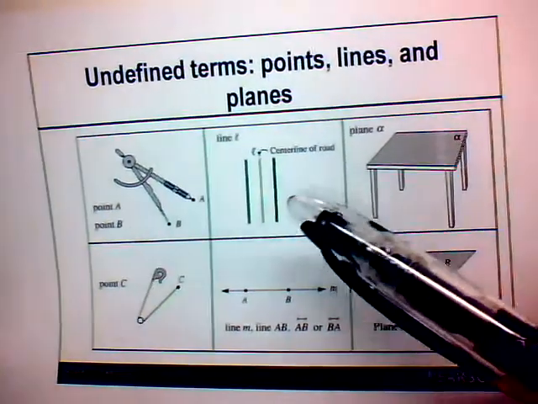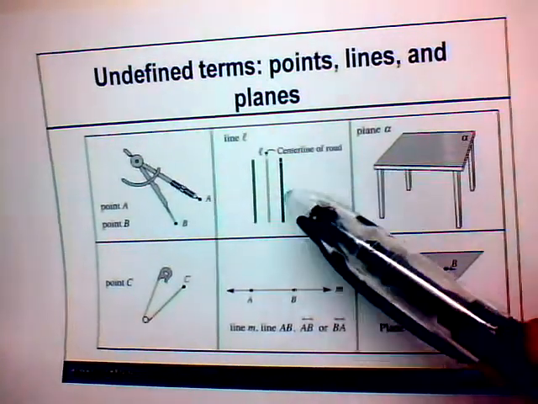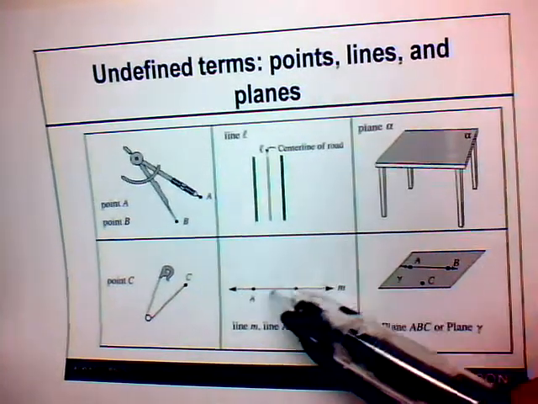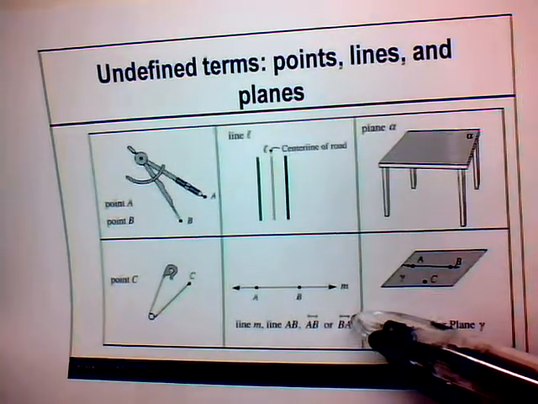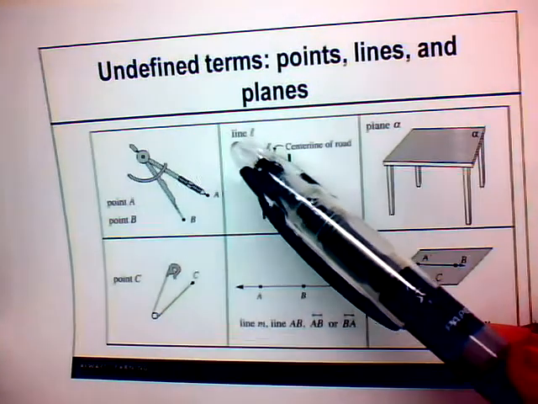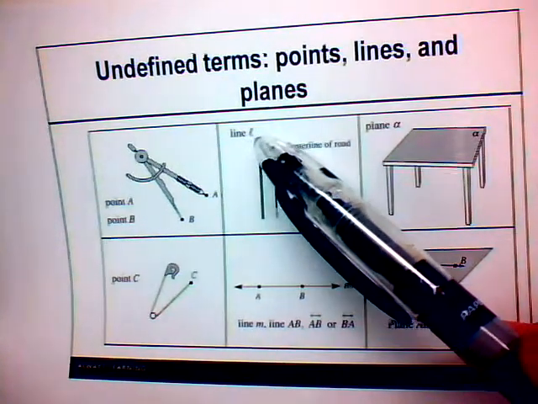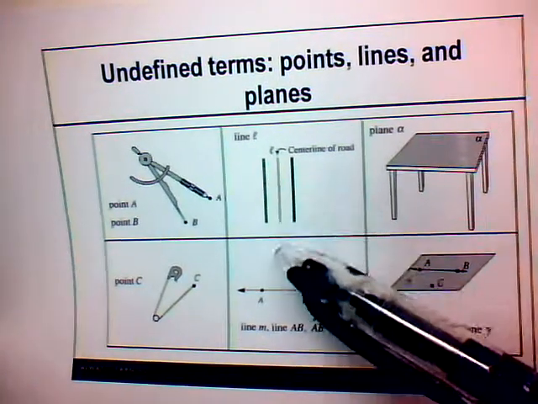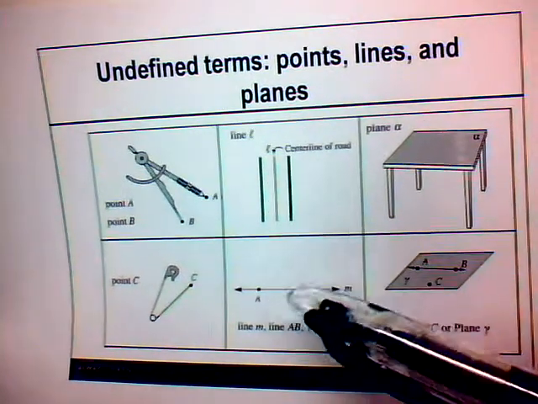And then we have the line. Now, a line is always going to be something that extends indefinitely in both directions without end. And in this case, we can label a line with a lowercase letter, like in this case, line L, for the center line of a road.